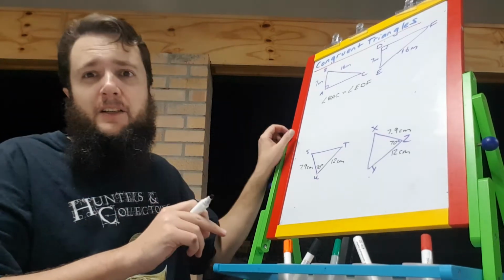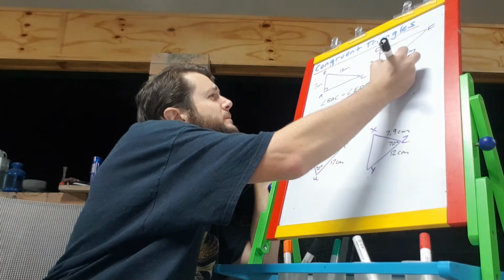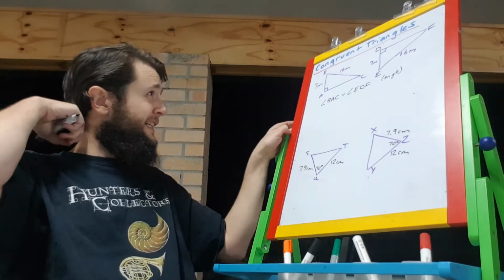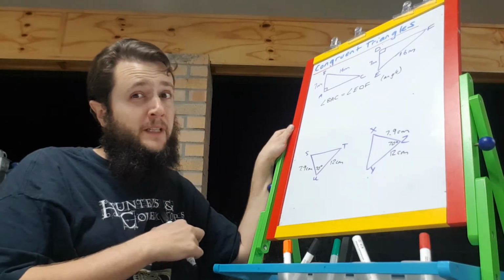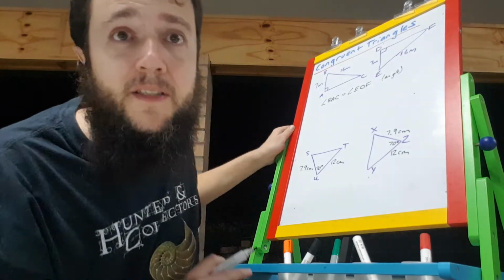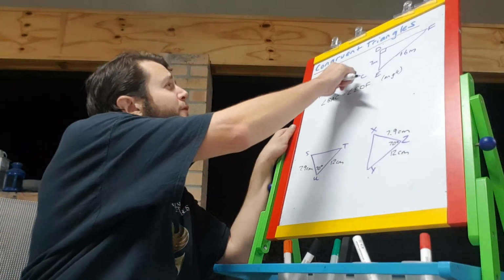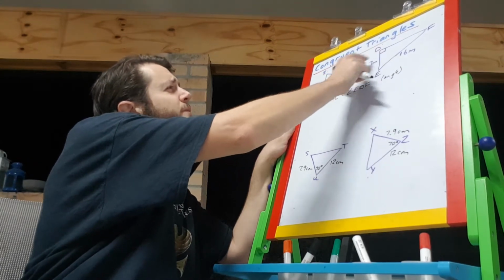So they have that angle in common. And it also happens to be a right angle. That might affect what rule we call this under a bit later. Right? So what else do they have in common? They have this side in common, the hypotenuse.